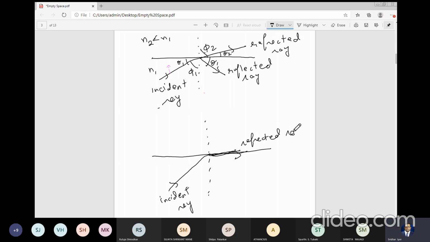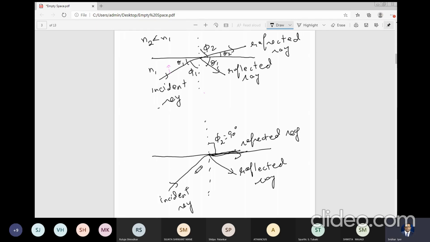The refracted ray lies on the horizontal, and then you also have the reflected. Okay, so here what is going to happen? The angle phi 2, if you see from the diagram on top, is just going to be a 90-degree angle. So you have phi 2 equal to 90 degrees.